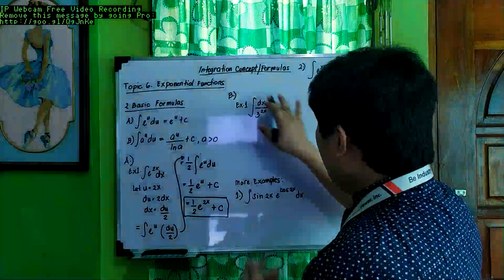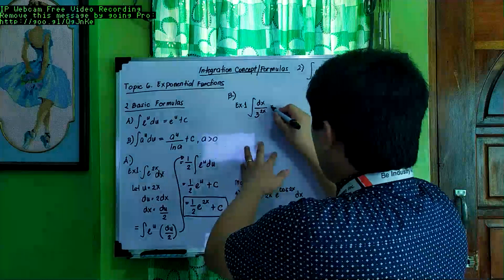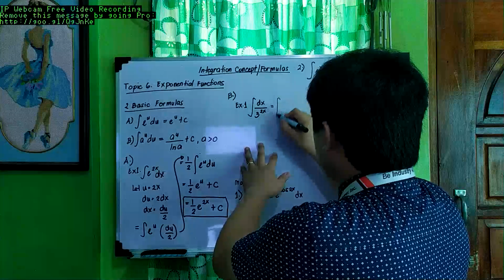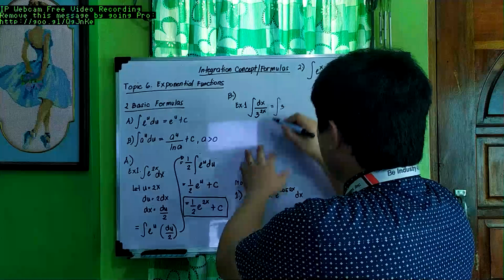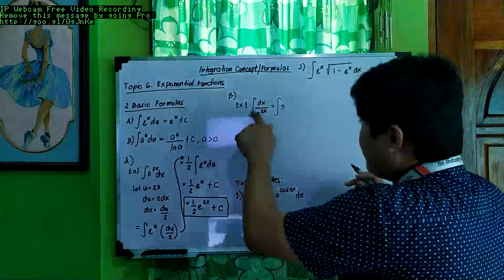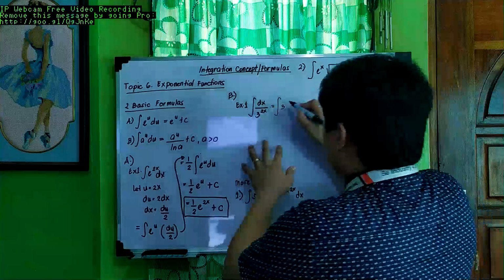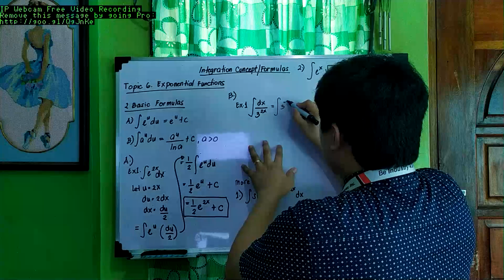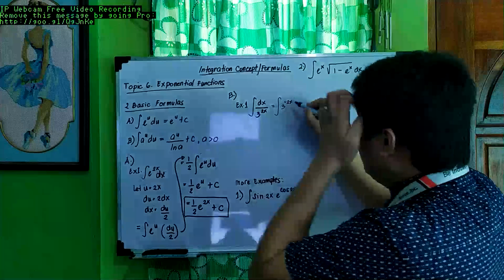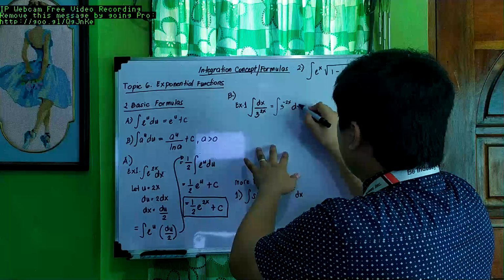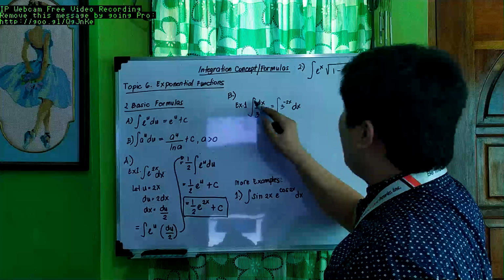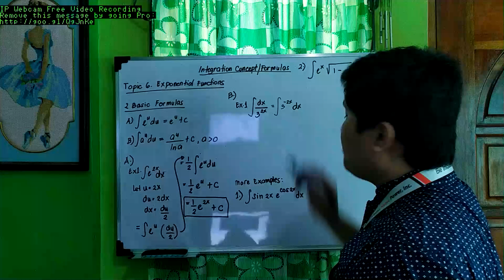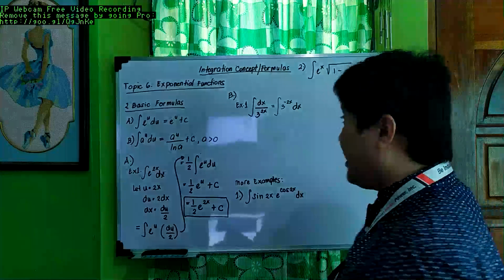Let's rearrange this one to have a result of 3. When we put this denominator to the numerator, the power becomes negative, then we have x. Because we raise this one up, the power has a negative sign.